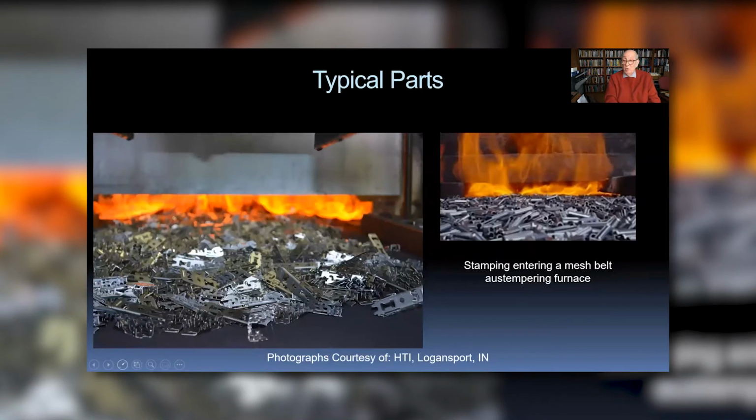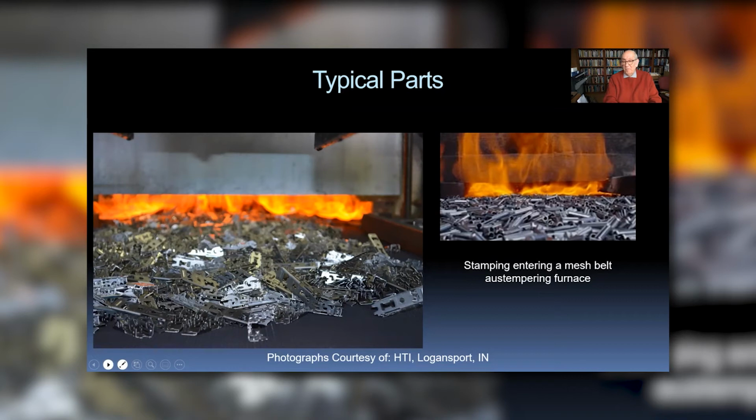And I thought you might want to see some pictures of some stampings and things that are going into one of these mesh belt conveyor furnaces. You see the endothermic gas in this particular picture burning out the front of the furnace, and the stampings moving on a conveyor belt, a mesh belt, in through the furnace.